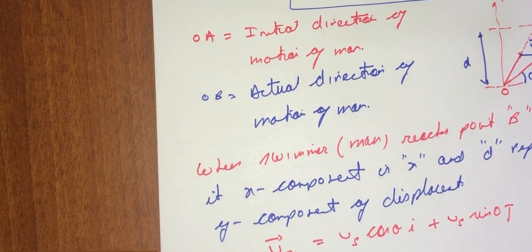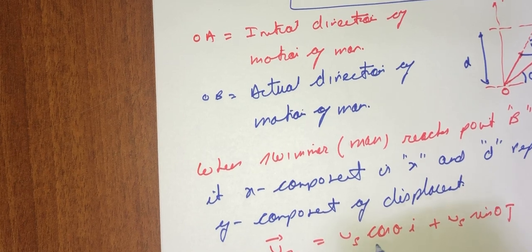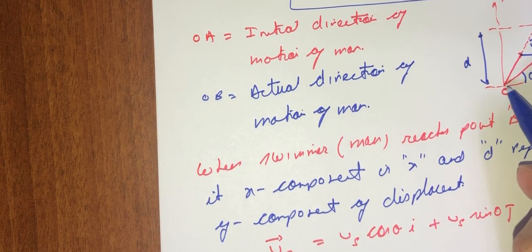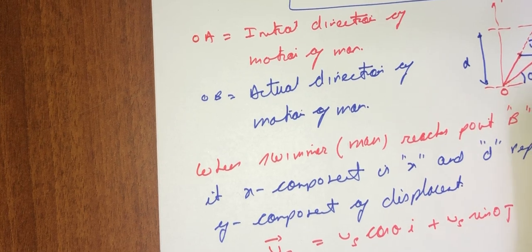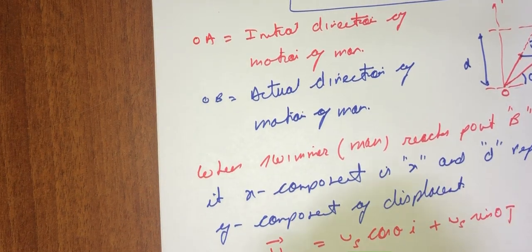Okay, so Vs is nothing but the velocity of the swimmer or man. So we divided this into two components. One is in the x direction and another one is in the y direction.